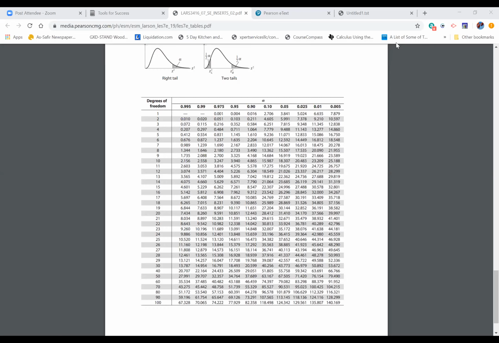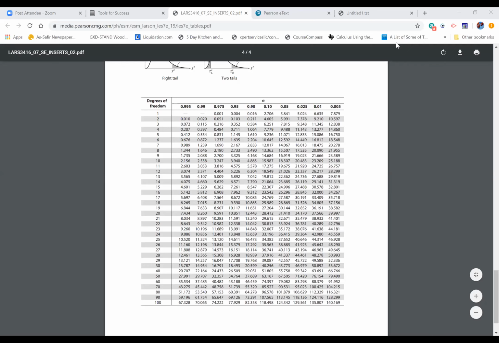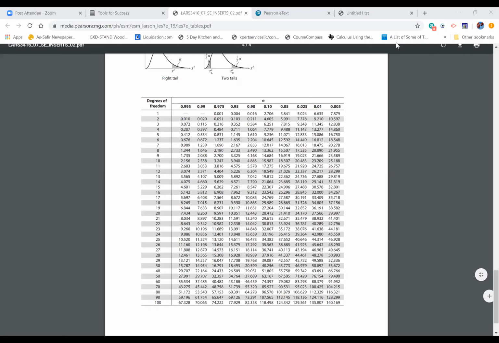The degrees of freedom for goodness of fit test is the number of categories minus 1. How many categories did we have in the example that we're working on right now? Can a student tell me? Let's see. 5. So Ryan, 5 minus 1 would be what? 4, exactly. So it's number of categories minus 1.